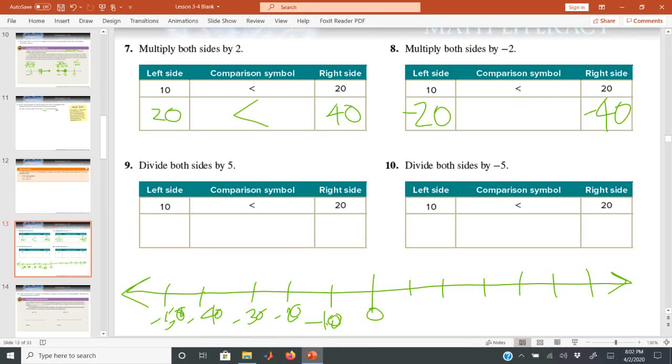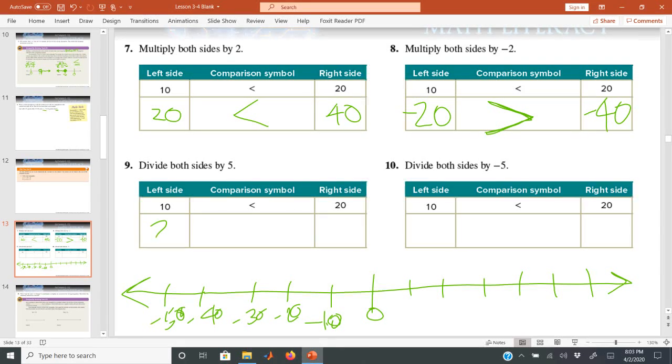And we've talked before about negative numbers. When we talk about negative numbers, it's better to owe somebody $20 than to owe somebody $40. So negative 20 is actually greater than negative 40. Okay. Try the same thing with division.